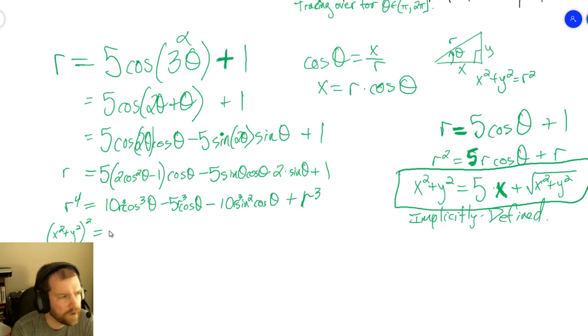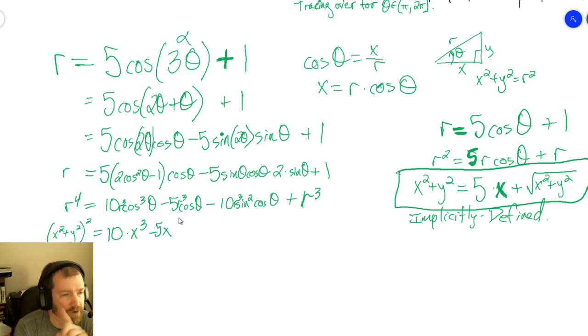Here we've got 10 times, this is r cosine theta all cubed, which is going to be x cubed, minus, this is r cubed cosine, so one r can join with the cosine of theta and become x. Let's make sure we get the 5 in there.